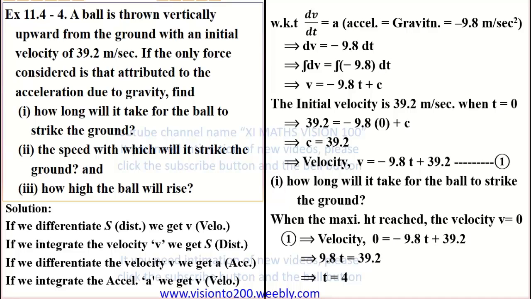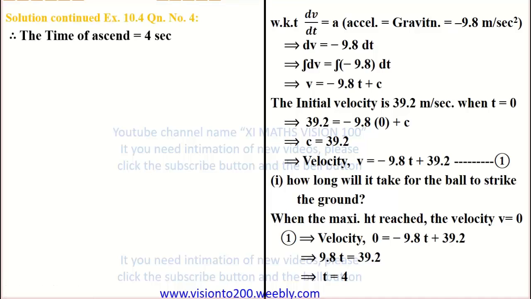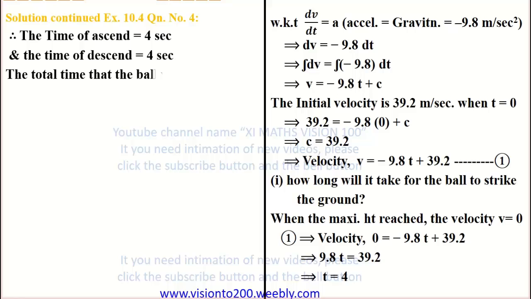Therefore, after 4 seconds, the ball reaches maximum height. Therefore, the time of ascent is 4 seconds and the time of descent is equal to 4 seconds. The total time that the ball will take to strike the ground is 4 plus 4 seconds, that is 8 seconds.